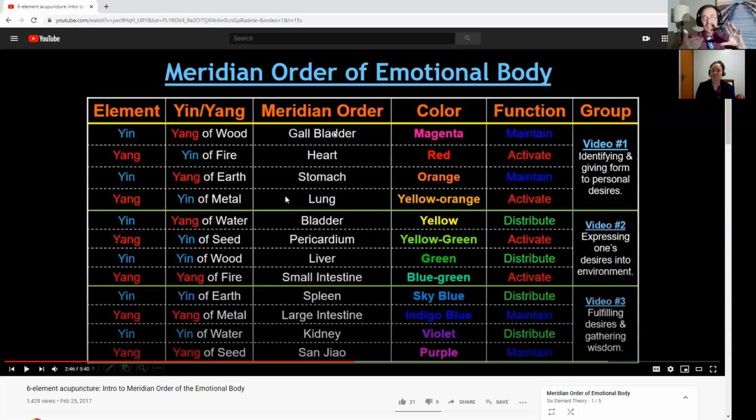Just like lung was the other meridian for the element metal before, giving us the form of our desire, now large intestine gives us the form of actually completing and fulfilling our desire. We begin to know the principles. We begin to know the laws.